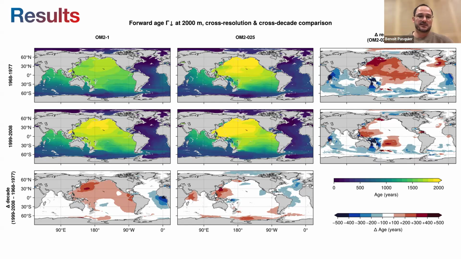One thing that I think is interesting to spot is first going to the right. If you increase resolution, you can tell right away that the two different plots are completely different, or not completely. They share some similarities, and there are some parts that are different. The obvious part that really shows is that North Pacific signal, there's a large increase in the age going to high resolution for the earlier time window.